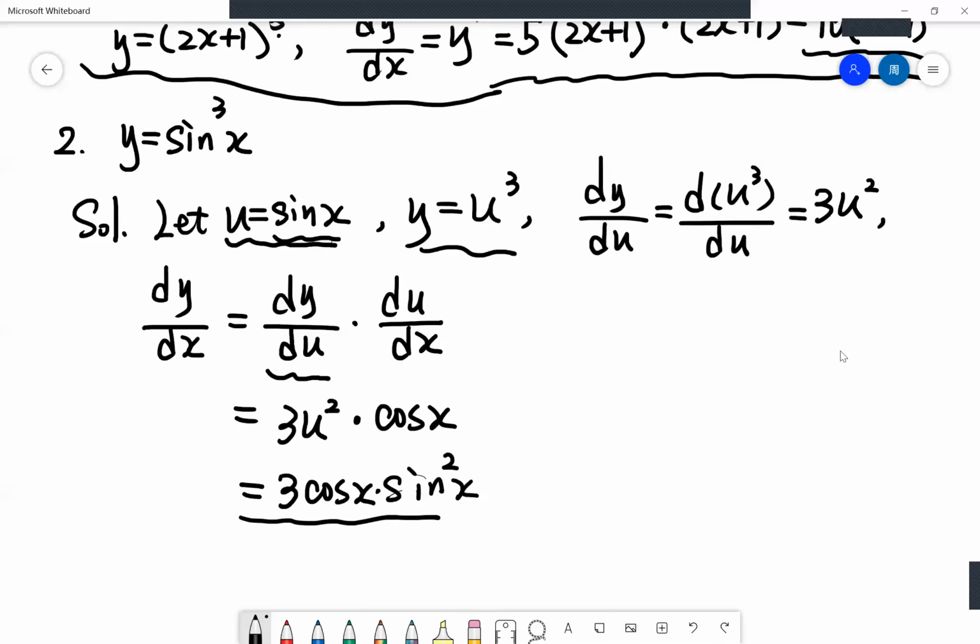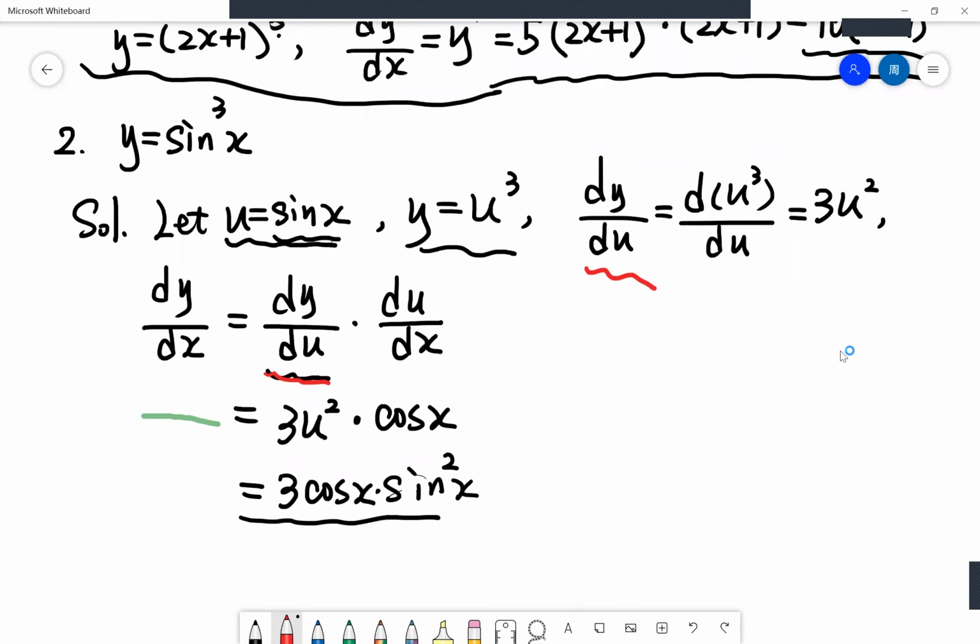So any question for number 2? Laoshi, please explain. Which part? From the second line, 3u squared. Okay, here you can see. I will change the color here. dy by du, we solve here. y equals u to the power 3, right?